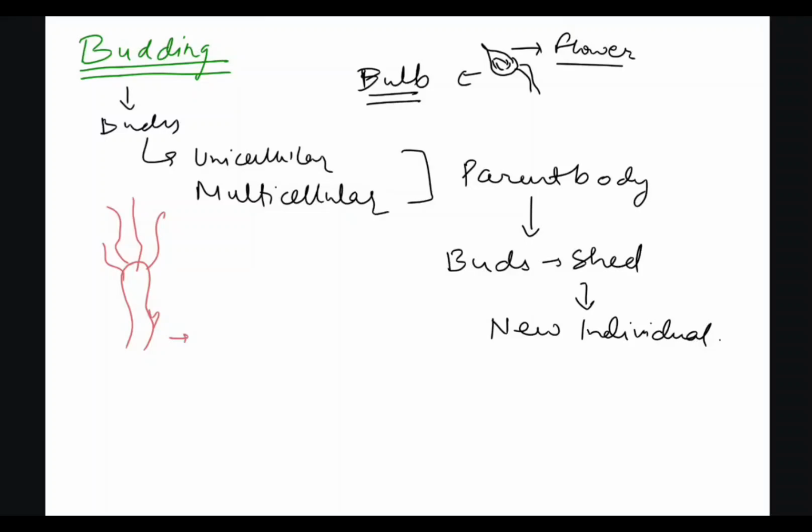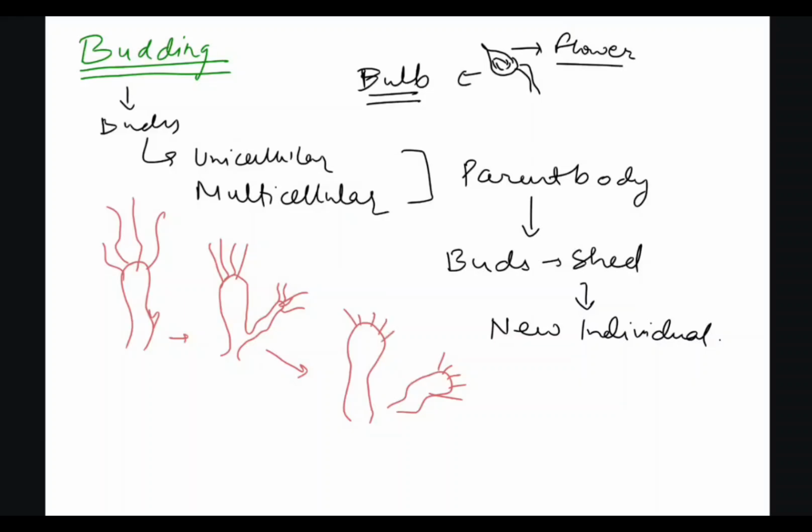Okay, it will grow up. See the cycle, right? This is the same hydra, but now this part has grown out a bit, and it has tentacles of its own now. It further grows up, and then comes a time when it separates from its parent.